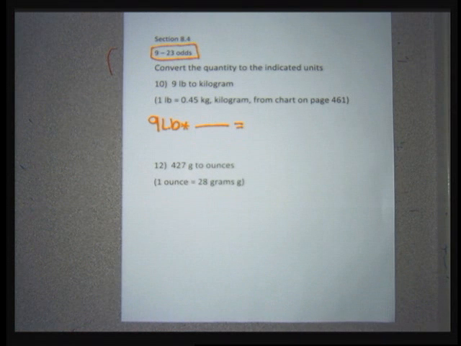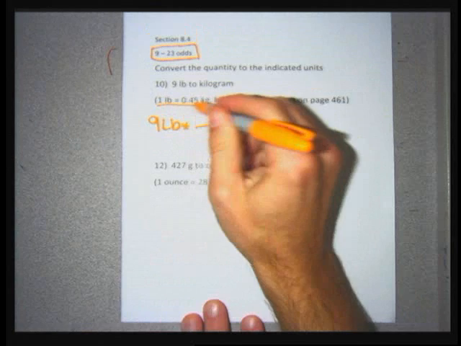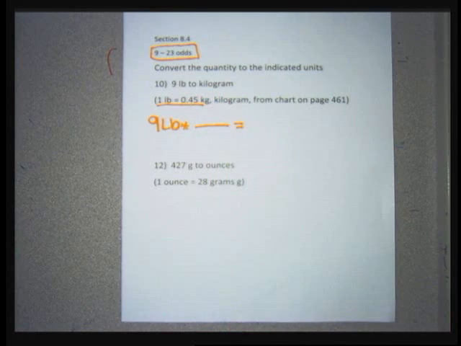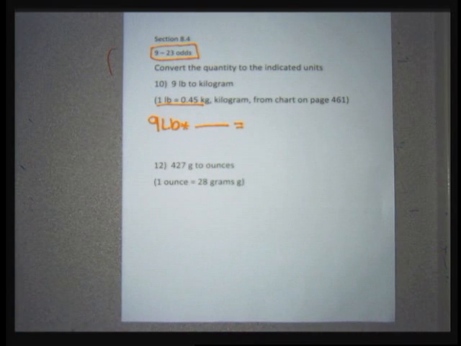In this case, my goal is to convert 9 pounds to kilograms. In order to do this, I need a relationship between pounds and kilograms, and I use that relationship from page 461.